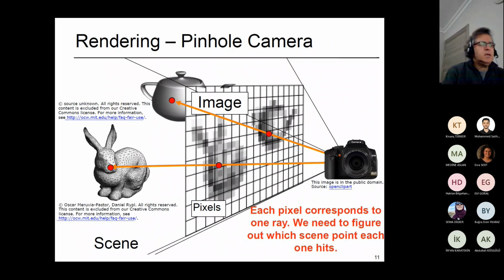So the idea of raycasting is going to be very simple. Let's say our object, and each pixel in our image plane is going to correspond to a ray from the viewing point.